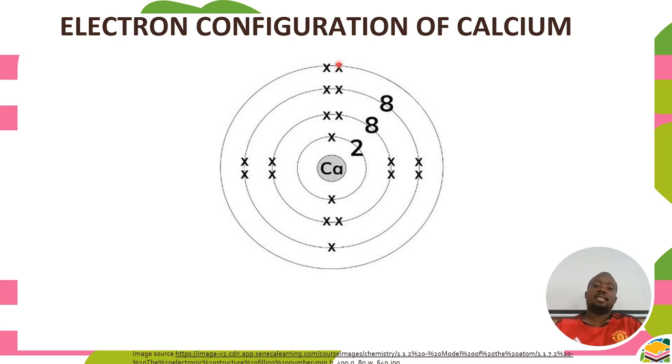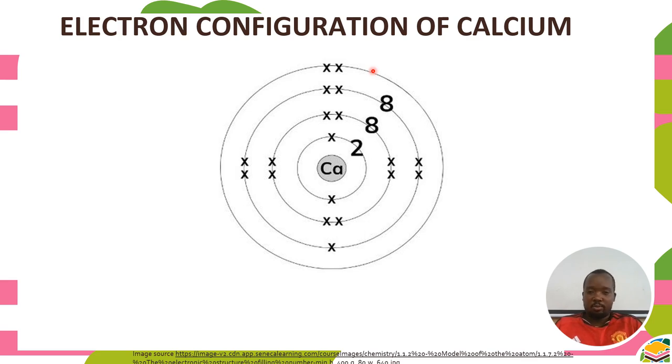Let us go to the next energy level, which is the energy level number 4. In energy level number 4, we said we are supposed to have a maximum number of 18 electrons. But we are having 2 electrons remaining.